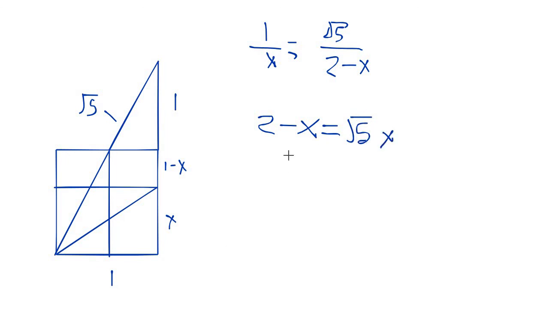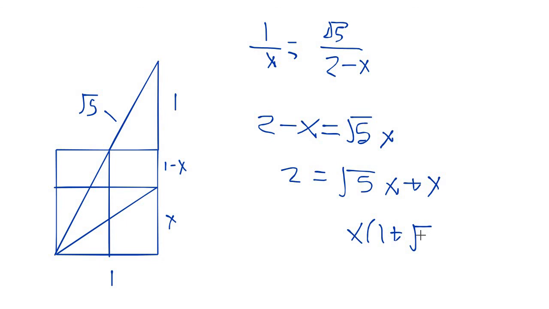And then first we add x, and then we have 2 equals square root 5 times x plus x. And then we factor the x out, and we get x times (1 plus square root 5) equals 2. And therefore, we are done because x equals what we wanted it to be, and we've proved that this guy right here is a golden rectangle.